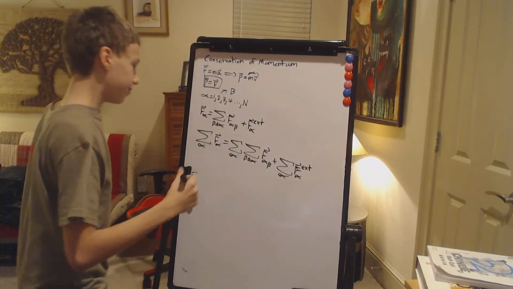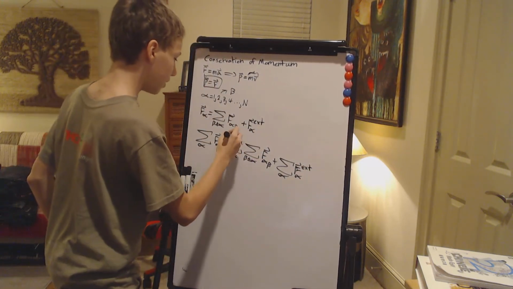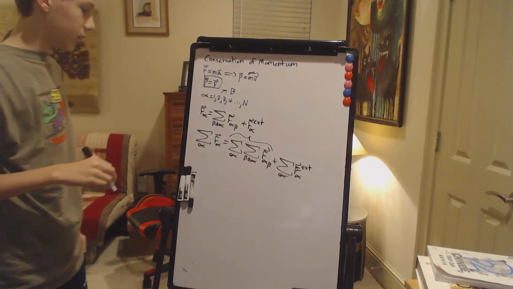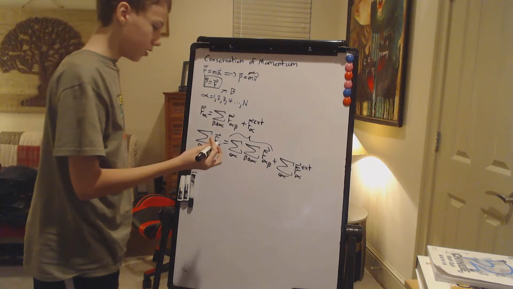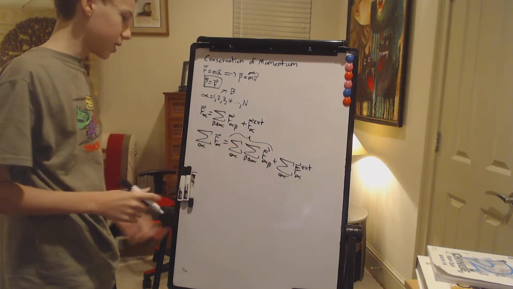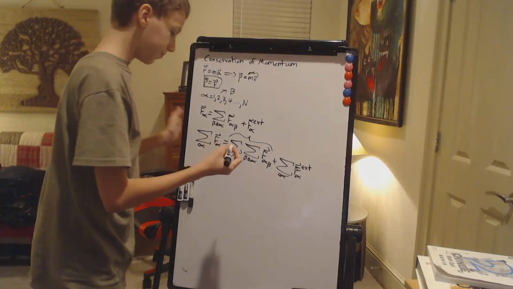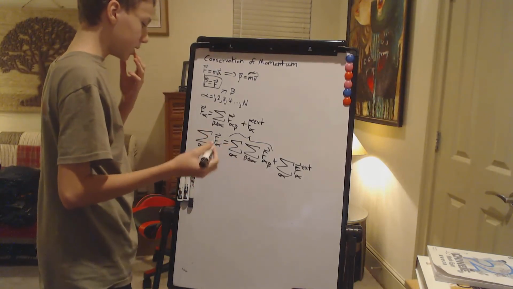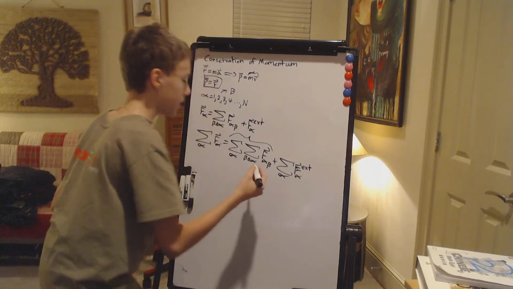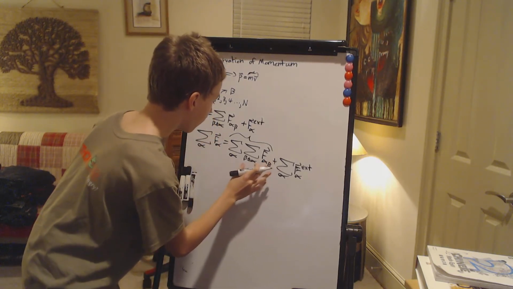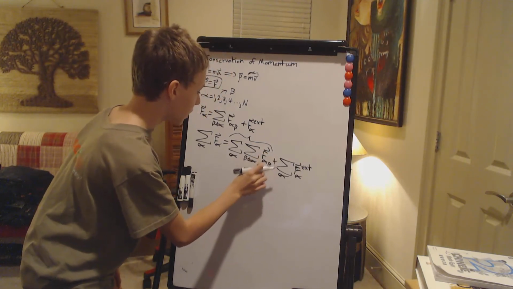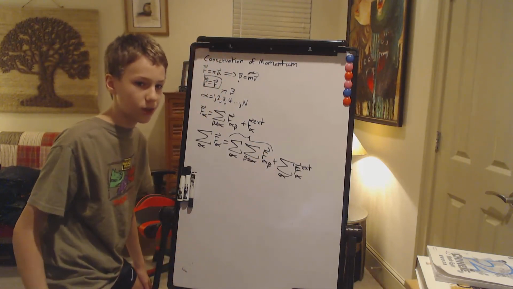Okay, so now let's focus on this part. Note that we can actually pair things up in this case. We're going to sum over all of the beta values, and then sum over all of the alpha values.